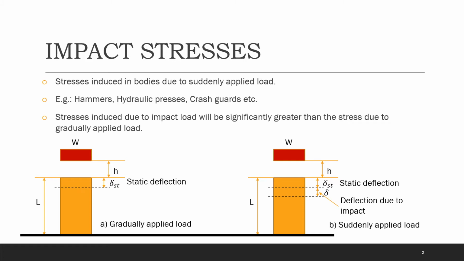All right. Now, what we will do is we will look at two things. One is we will try to theoretically understand the impact of suddenly applied load and its induced impact stresses when you compare it with the stress induced due to gradually applied load. How do the stresses vary between both the cases?